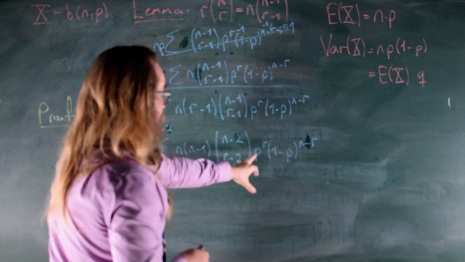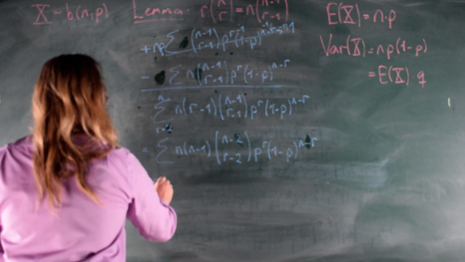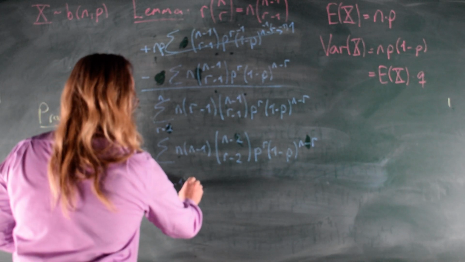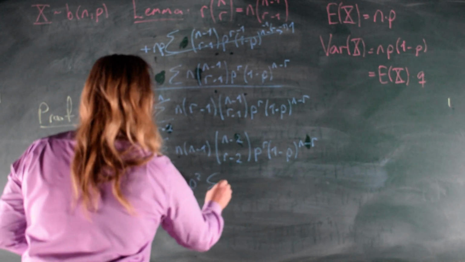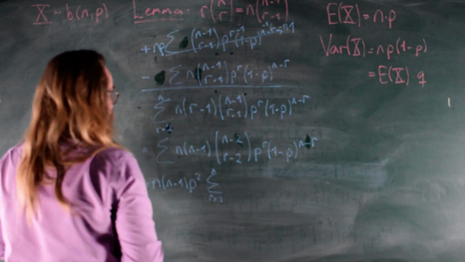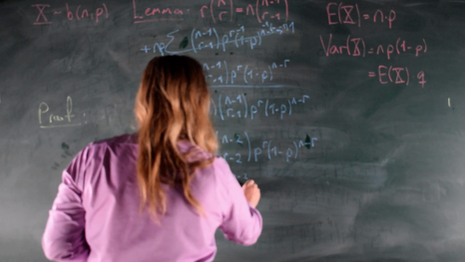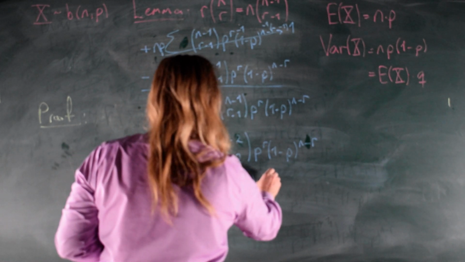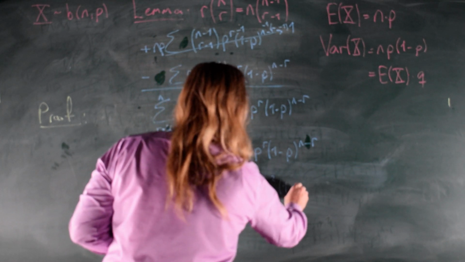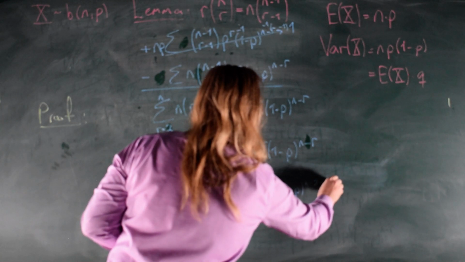We can take 2 p's this time, and we get n minus 1 p squared, and we get the sum from r equals 2 to n of this thing, n minus 2 choose r minus 2, p to the r minus 2, 1 minus p to the n minus 2 minus r minus 2.